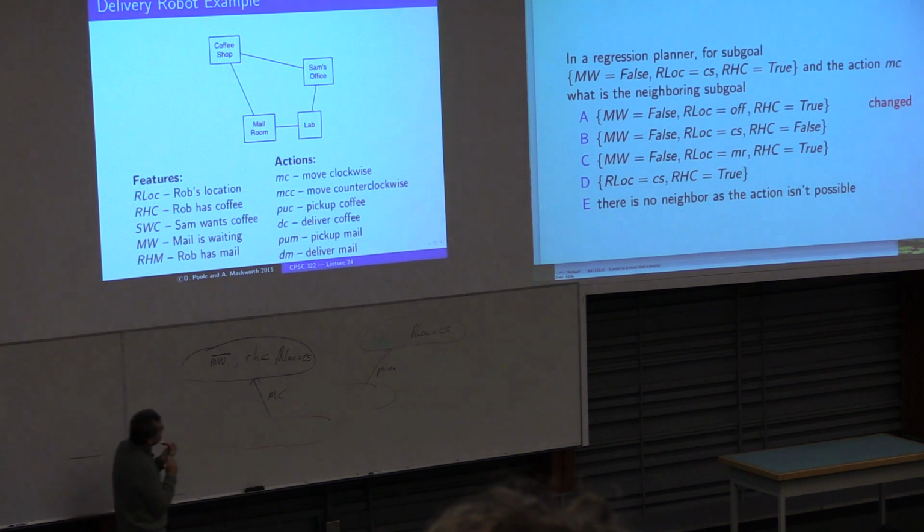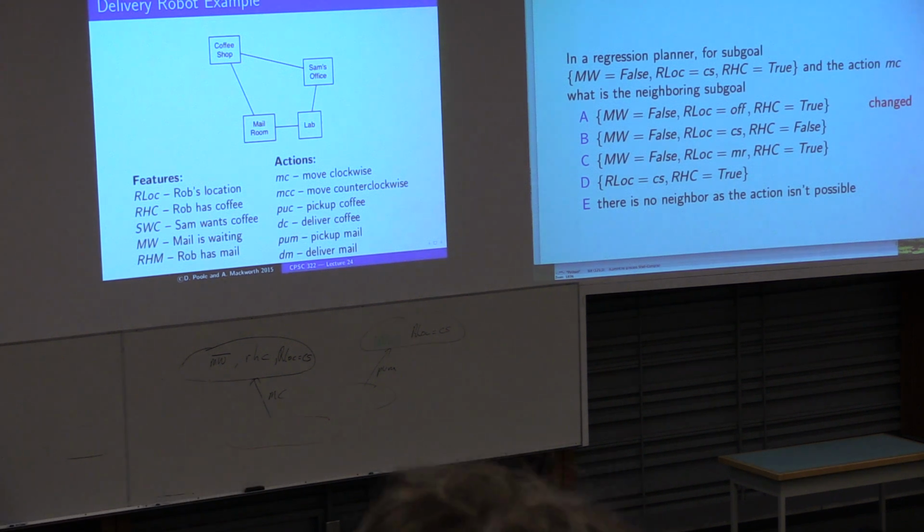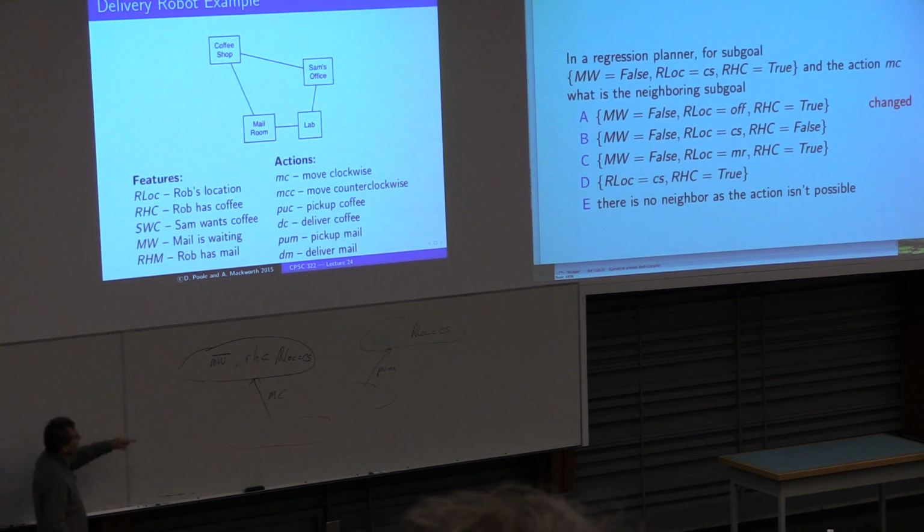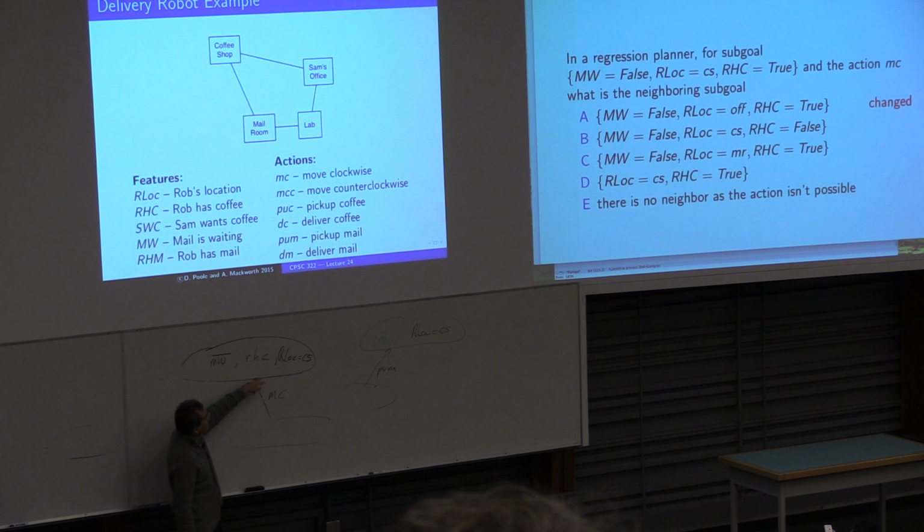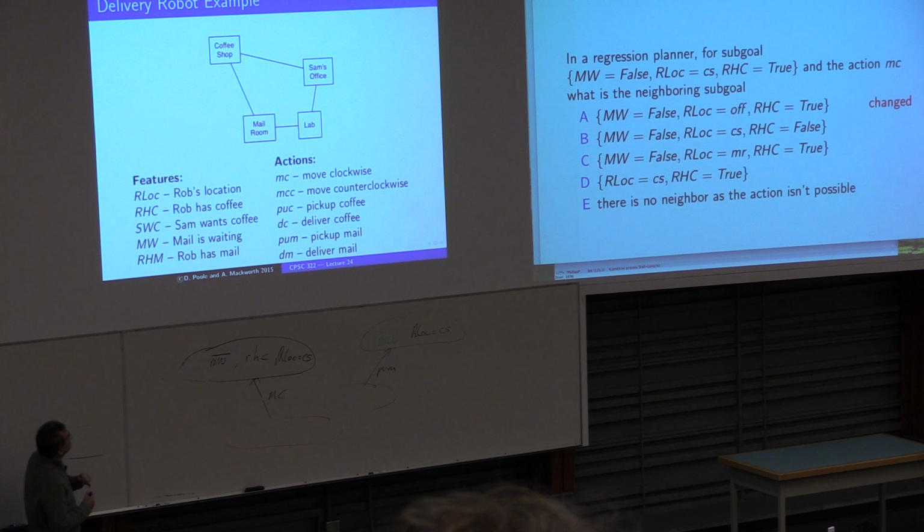This is nearly the same as the other answer, except A has changed from the previous question. It's not trying to be tricky. So mail's not waiting, the location is the coffee shop, and the robot has coffee is true, and the action is to move clockwise. If anyone can't remember which way clockwise is, just watch where the second hand goes.